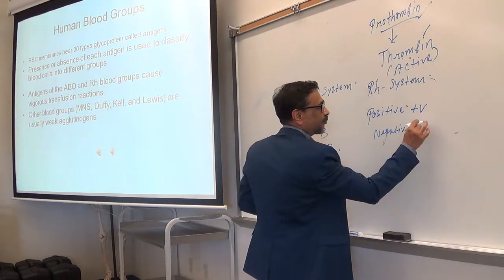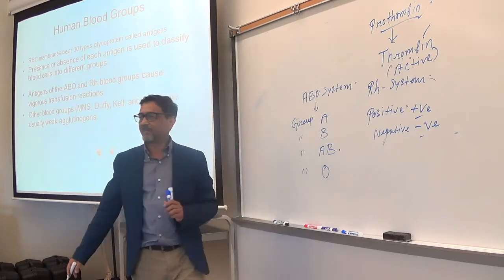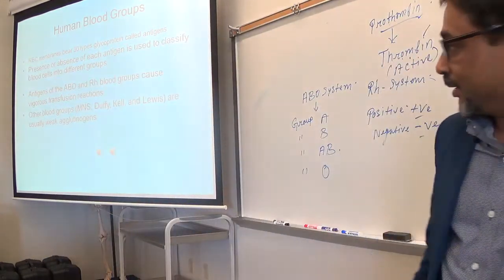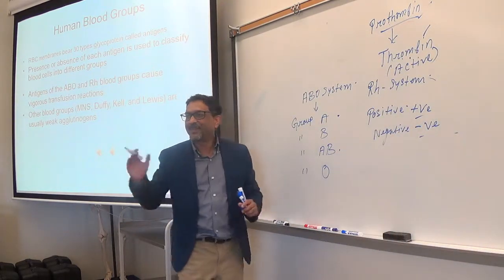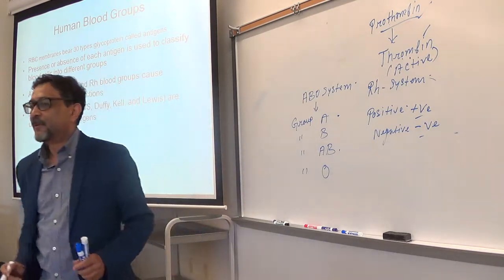Negative. We know positive blood, negative blood. So that is the RH factor or system. We need both to indicate the blood type, right? We say A positive, A negative, B positive, B negative. So we need both.